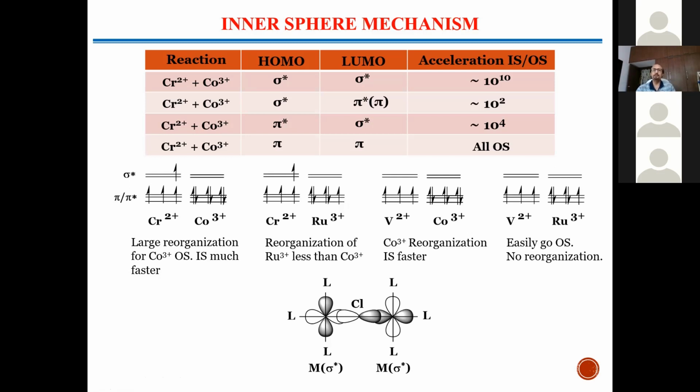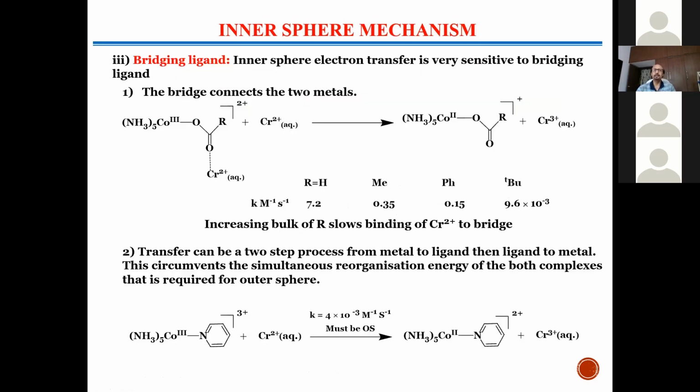Now, this is one of the examples. There are many such examples. I am giving you one which could be very interesting. If you look at this reaction, it could be followed this way. There is pentamine and one pyridine, and then you have chromium hexaaquo.